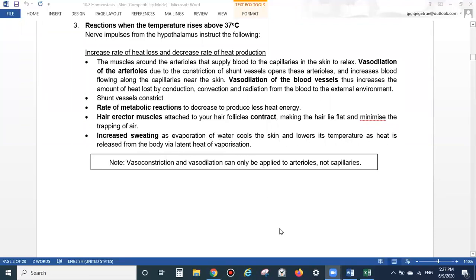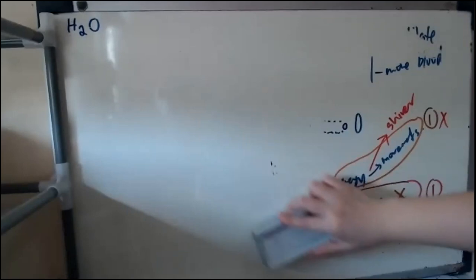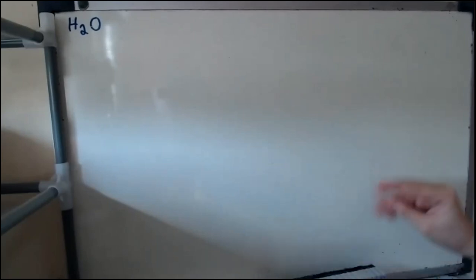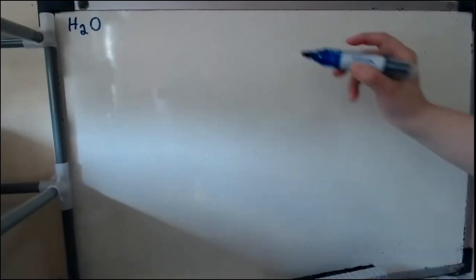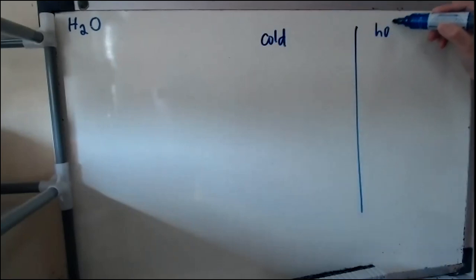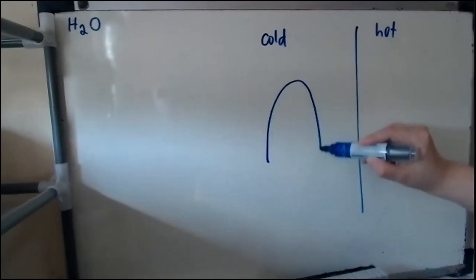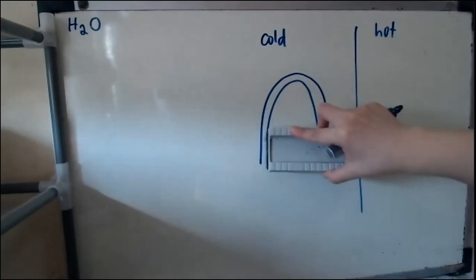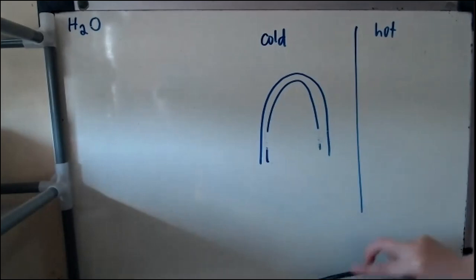Let's take a look at shunt vessels. What are shunt vessels? Shunt vessels, unlike the capillaries, basically do the opposite. Say just now, when you are cold, this is your blood vessels, and shunt vessels are found somewhere here.